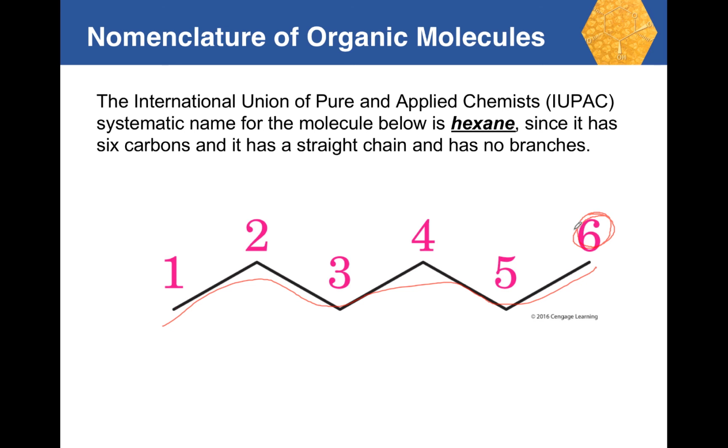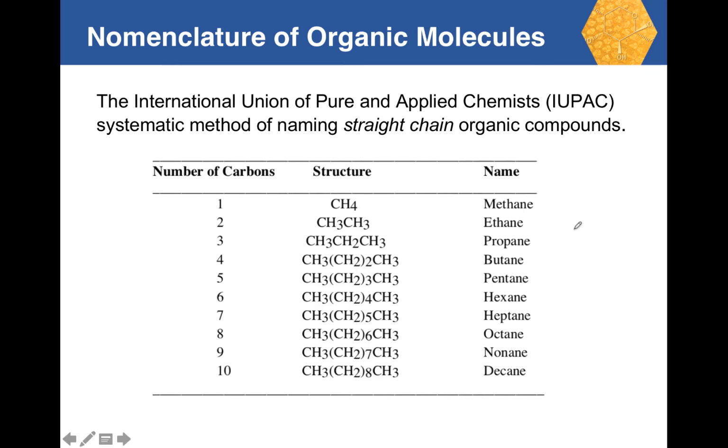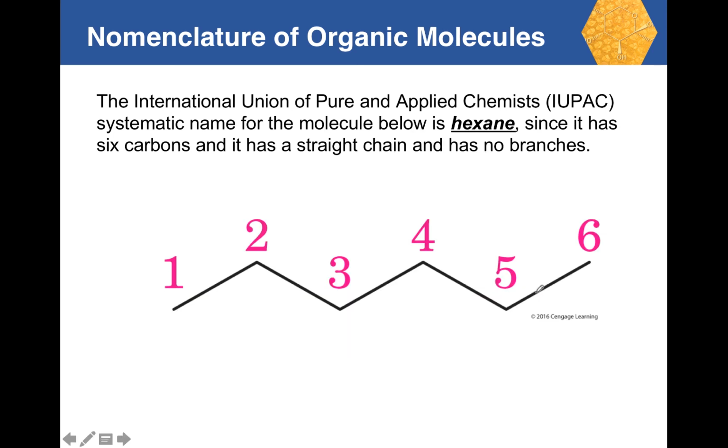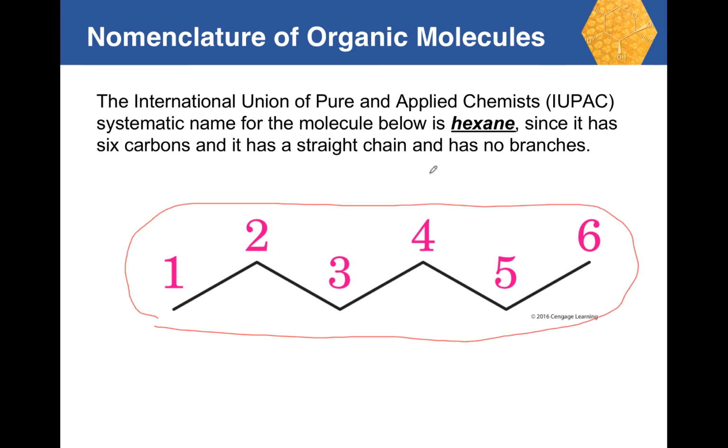So looking back at this, 6 carbons here is hexane. So therefore, the name of this molecule here is hexane. So you should be able to name molecules based on the line angle representation of these molecules.